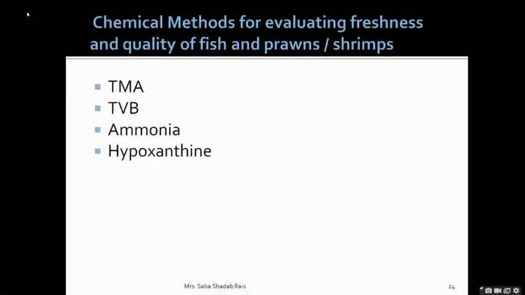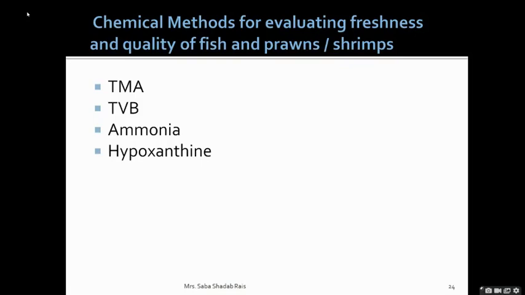Then there are various chemical tests. Chemical testing is done on the basis of the chemical changes in the spoiling fish. The chemical composition of the fish changes along with the texture, as we have learned in autolysis and rancidity.